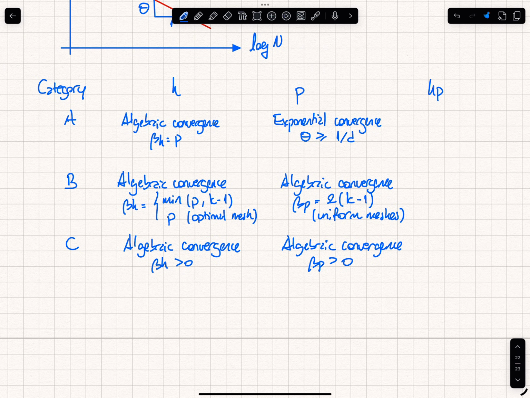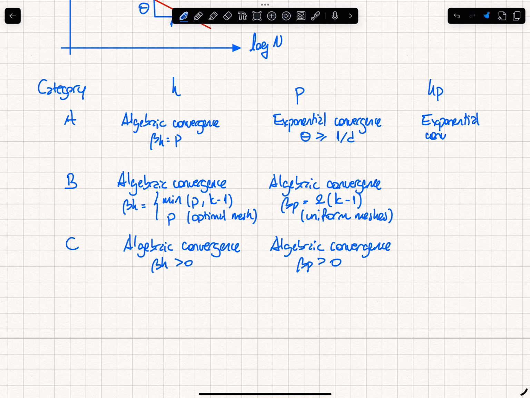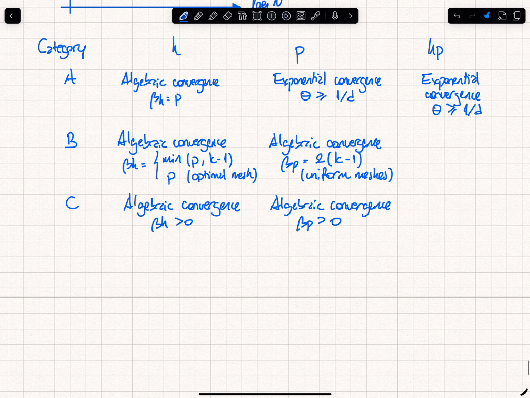And then the hp-FEM, we get exponential convergence with theta greater than or equal to 1 over d, which is the same.